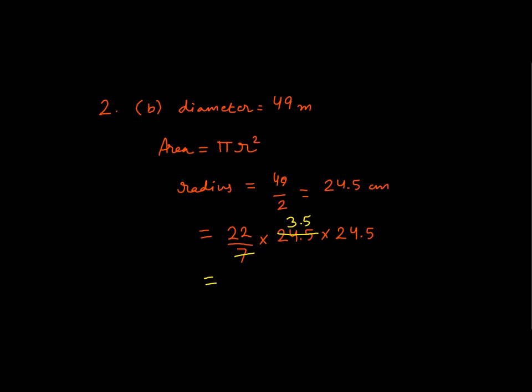So 22 times 3.5 into 24.5 will give you the answer as 1886.5. Now the unit of area will be centimeter square.